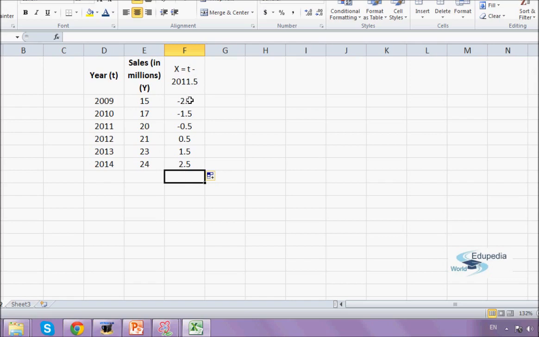But then to avoid the decimals, because that will cause confusion in the final calculation when we are taking the squares and other things, we can multiply this whole column with 2 so that we get integers instead of decimals. In the next column we can take the value of x, which would be equal to 2 times this column, and let me call this column d instead of x.